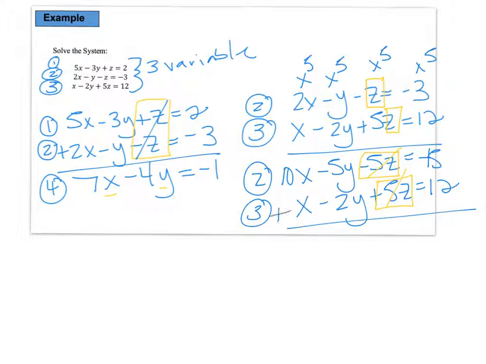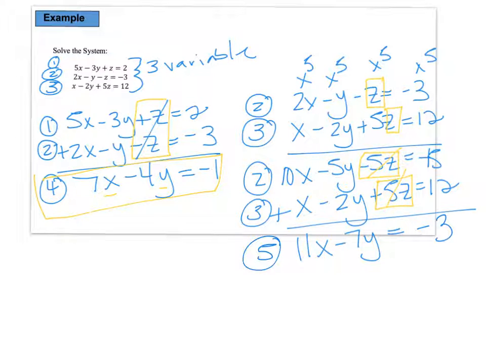So when I do add, I get 10x plus 1x is 11x. Negative 5y plus negative 2y is going to give me negative 7y. My z's cancel out, and negative 15 plus 12 is going to give me negative 3. Now this new equation is going to be equation number 5.